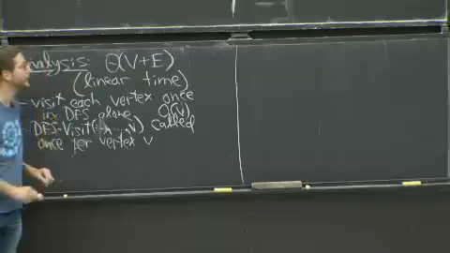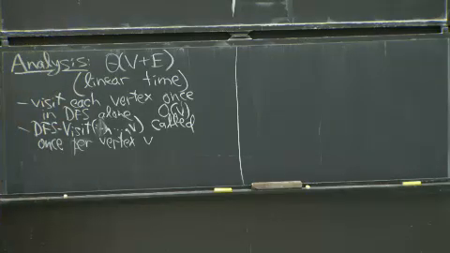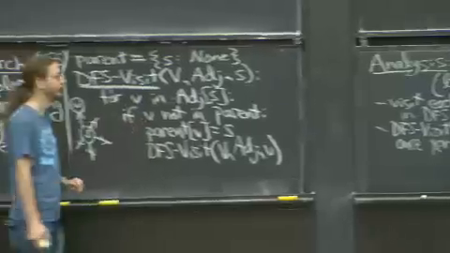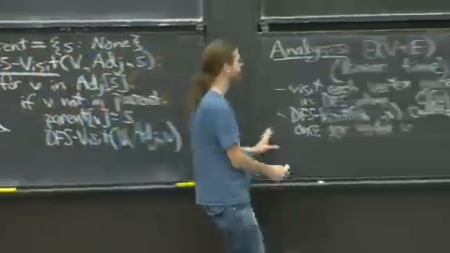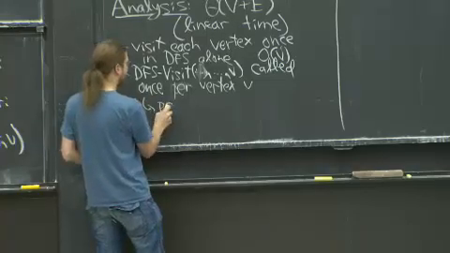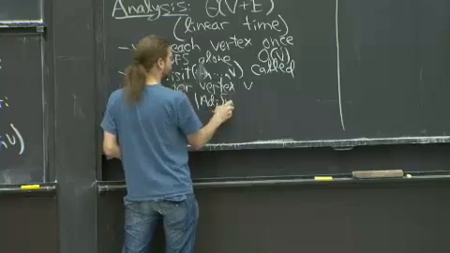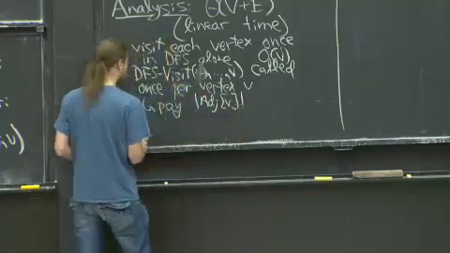Okay, but it does not take constant time. This takes constant time per vertex plus a recursive call. This thing takes constant time, but there's a for loop here. We have to pay for however many outgoing edges there are from v. That's the part you're missing. And we pay length of adjacency of v for that vertex.